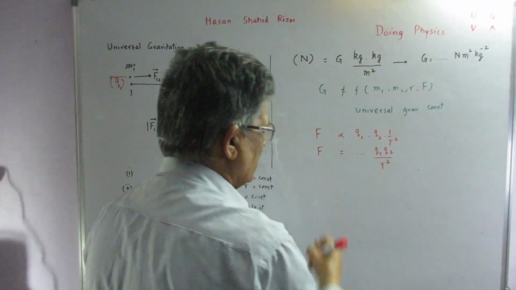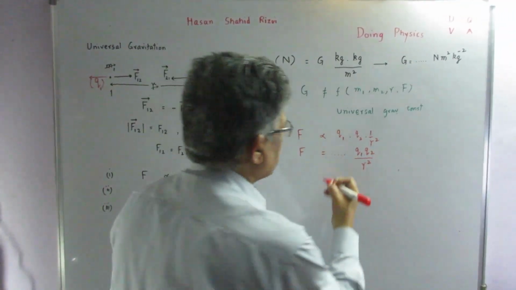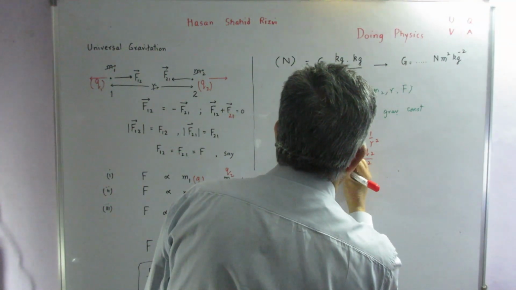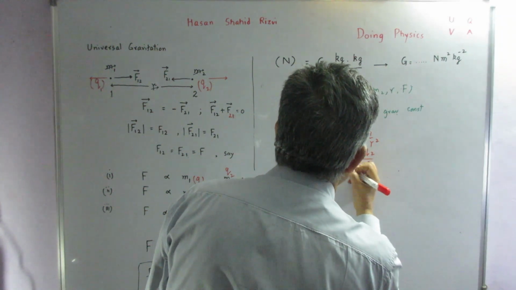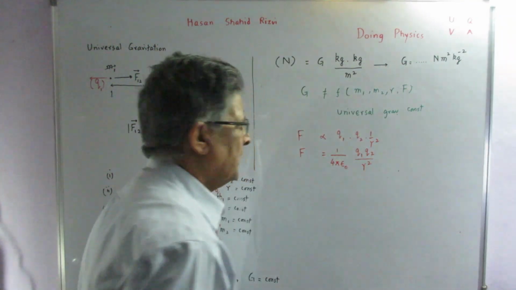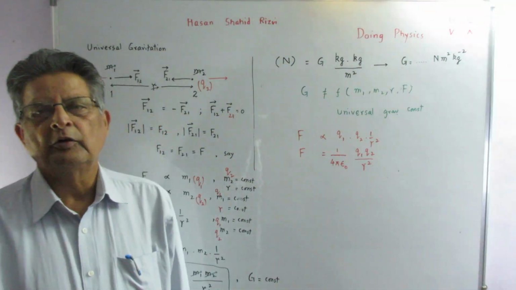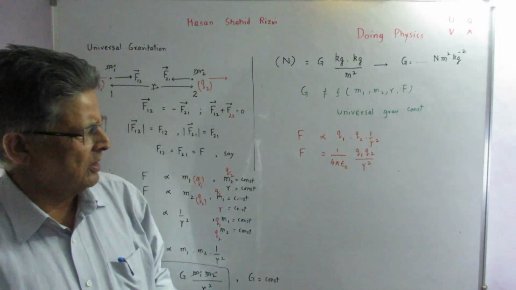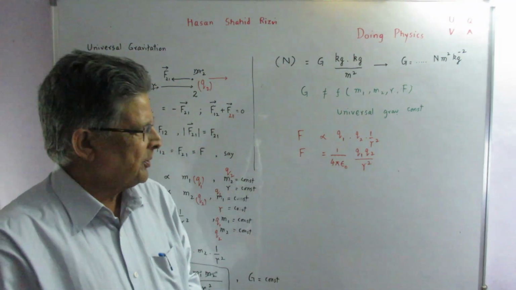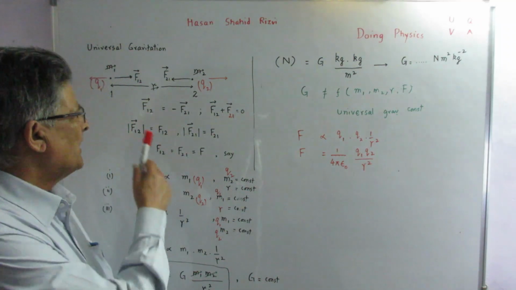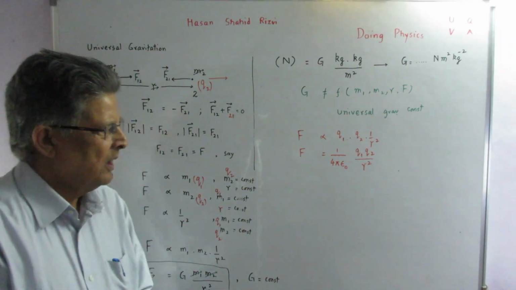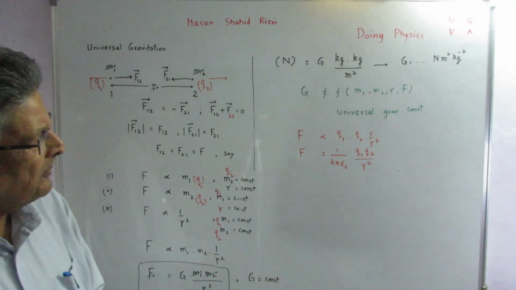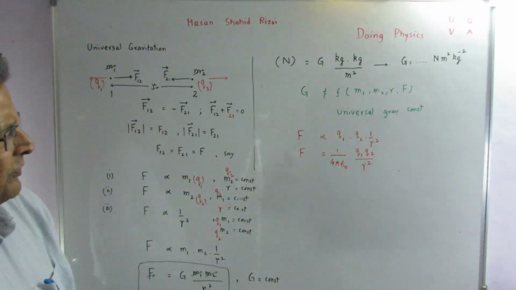It's handy to write it like this, and this constant in the system is 1 upon 4 pi epsilon naught, where epsilon naught is the permittivity of free space. We'll have occasion to deal with this elaborately later on, but because I was trying to introduce to you a multi-variable system, I just took this as an example, and I hope you know both these equations from your high school classes.